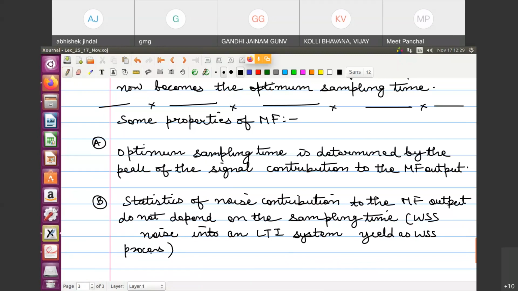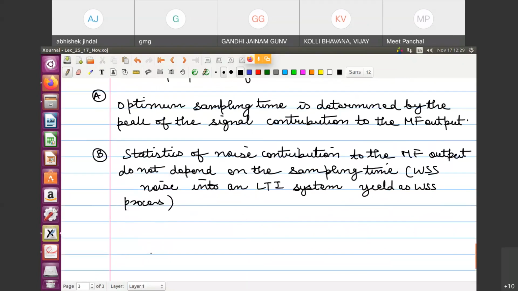The requirement for a stationary process is that the mean and variance are not functions of time. So it remains fixed. If you sample at any point, the random variable you obtain has a fixed variance. Mean and variance are not functions of time. This is important.